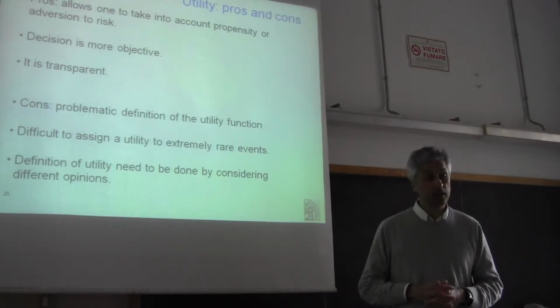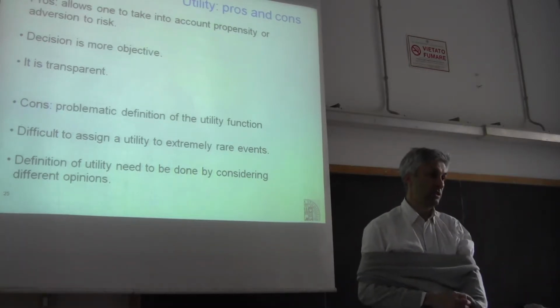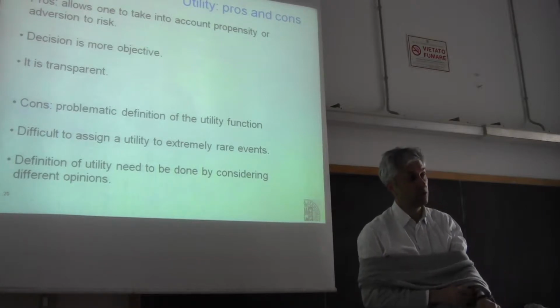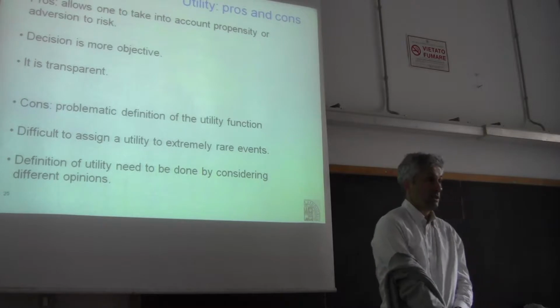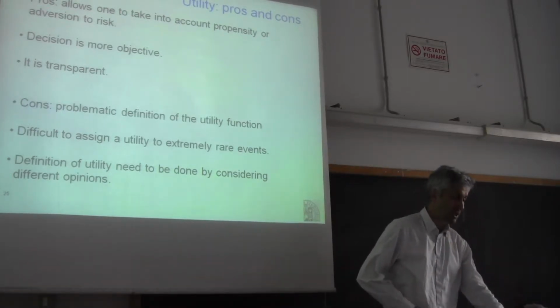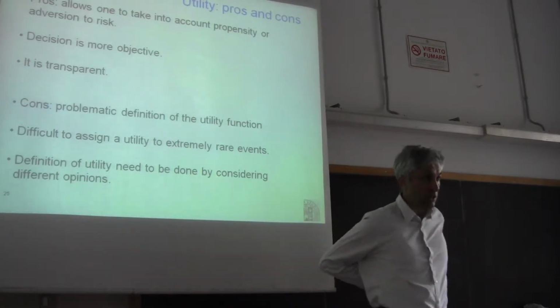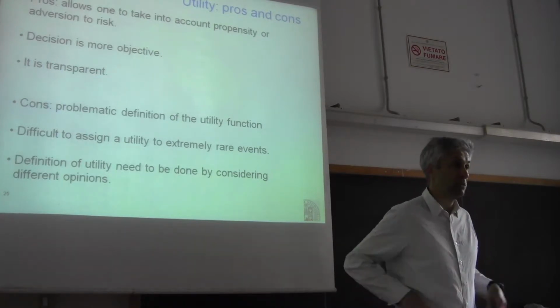And actually the definition of the utility function is not easy, and usually it is defined through a consultation process among the stakeholders. This is needed. If you really want to pursue objectivity, you need, when defining the utility function, to make a mix of the necessarily different opinions of the stakeholders. And this process can be a bit complicated.